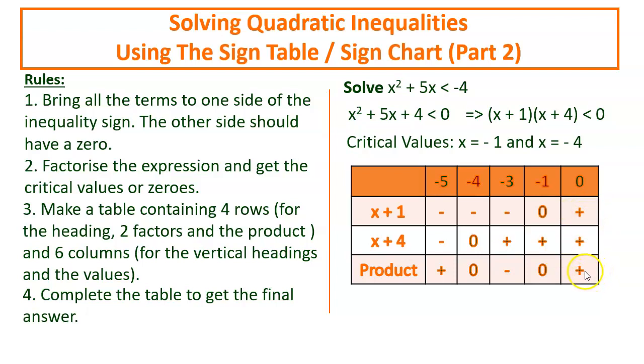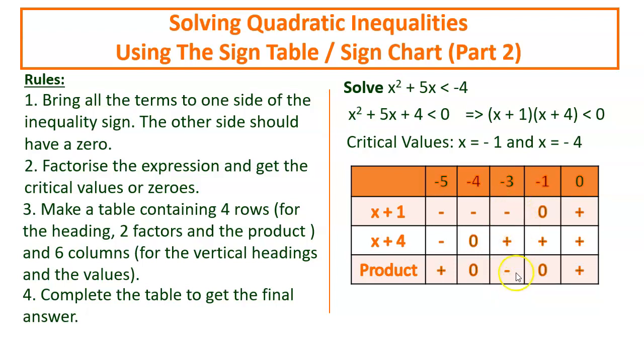Okay. Now we will be seeing which columns can we include and which columns should we be excluding. Obviously, the product should be a negative number. So we cannot take the positive product or the 0 products. We have to take only this column, because only this column is giving us a negative product.